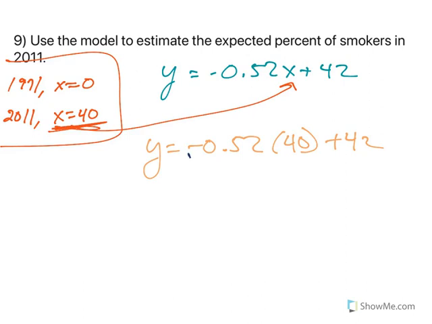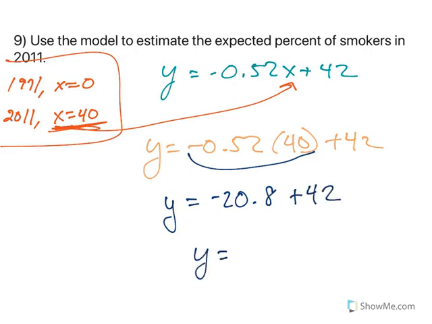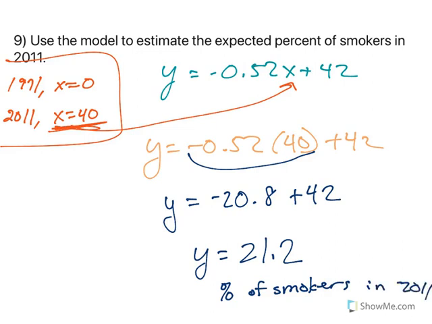When I do that, I'm going to multiply first. So y equals negative 20.8 plus 42. So y equals 21.2. That is the percentage of smokers in 2011. That's what we were trying to find, the expected percent of smokers. And again, it's expected.